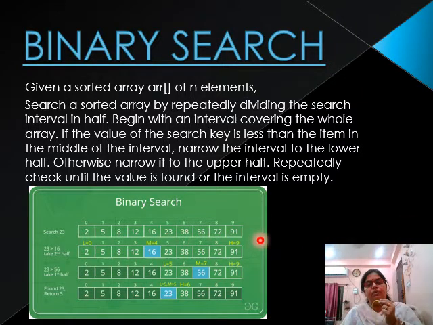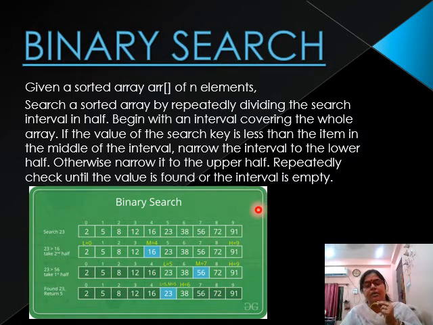First of all, we must know what binary search is. Given a sorted array of elements, the most important thing in binary search is that the array must be in sorted form, either in ascending or descending order. It is compulsory.